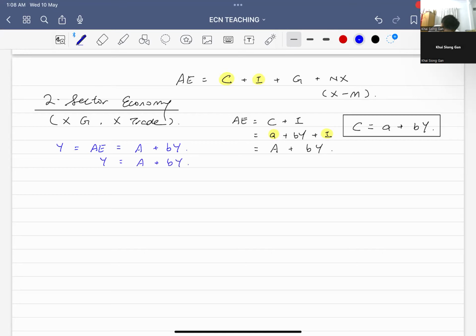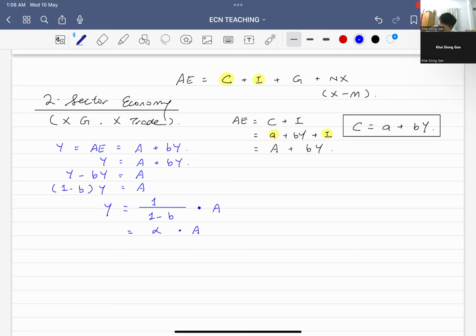So I can move Y to one side, equals capital letter A, and therefore I can rewrite it like this. Y will equal, so I have moved the 1 minus b over here, times A. So this part on the left will be my multiplier times the autonomous expenditure.